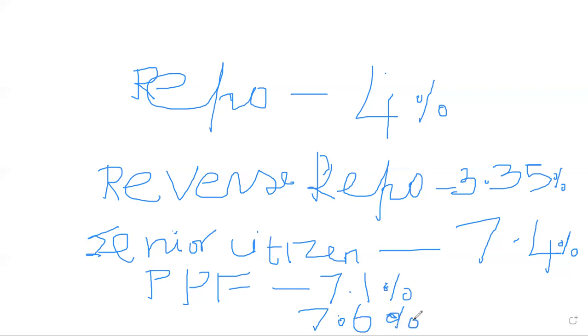What is Sukanya Sammriddhi? Please go through Google and find out. It is a deposit in the name of the girl child, to be kept with the bank or the post office till the girl attains majority. And the rate of interest is quite high, 7.6%.